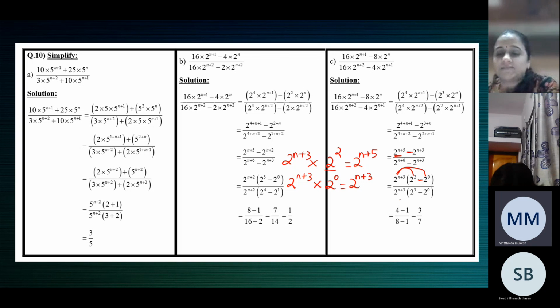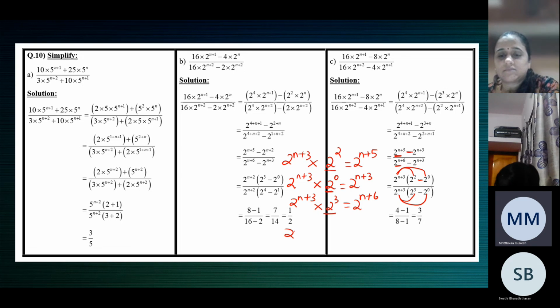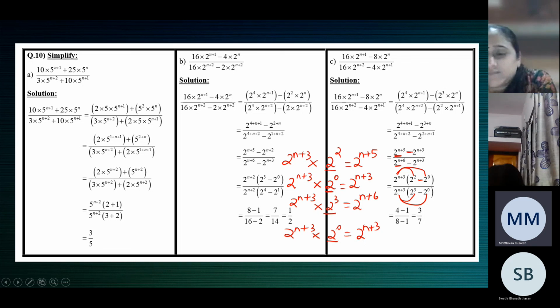And then by 2 power n plus 3 into 2 power 3, ma'am, so we should add the powers, ma'am, because the bases are same. 3 plus 3 is 6, so 2 power n plus 6, ma'am, and the next step is 2 power n plus 3 into 2 power 0, ma'am. 2 power 0 is 1, so 2 power n plus 3 is the answer again.